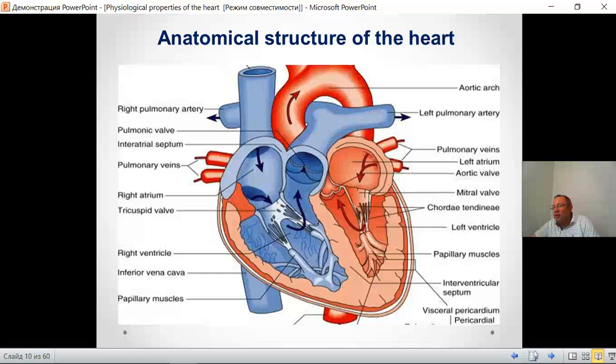The superior vena cava drains blood from regions superior to the diaphragm: the head, neck, upper limbs, and thoracic region, and empties into the superior and posterior portions of the right atrium.